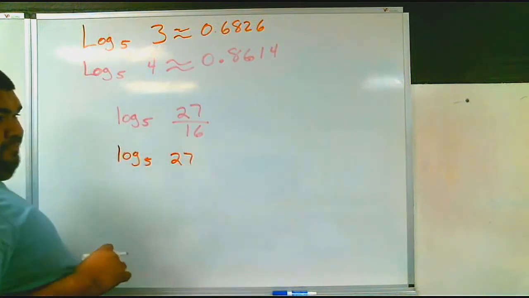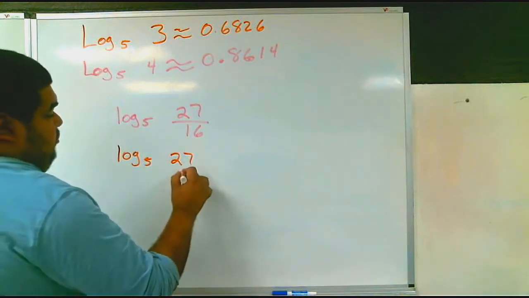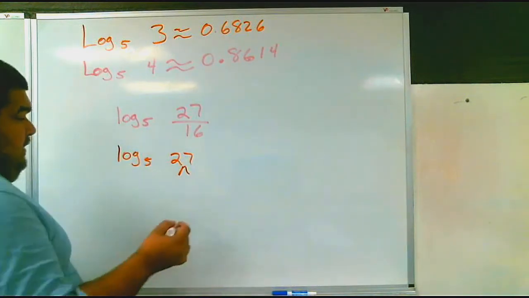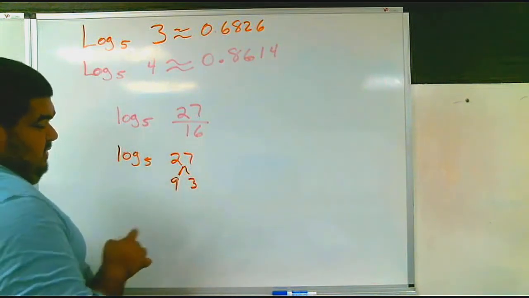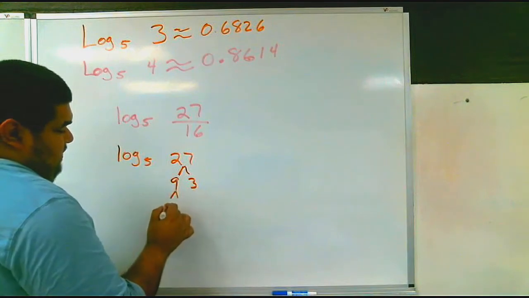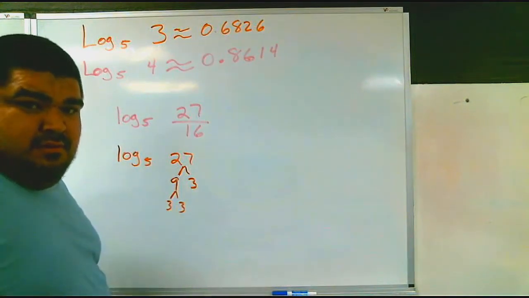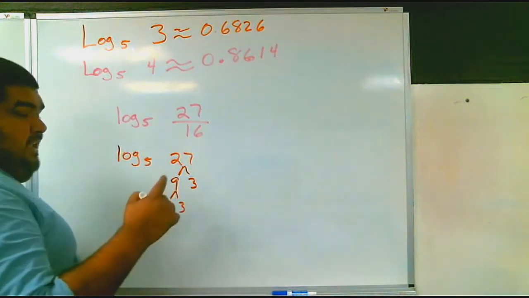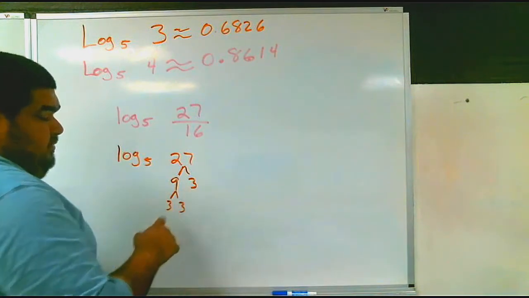27. We're going to actually break down 27. Okay, two numbers that give us 27 is 9 and 3. What gives us 9? 3 and 3. Okay? If you guys remember, it's like saying 3 times 3 times 3.